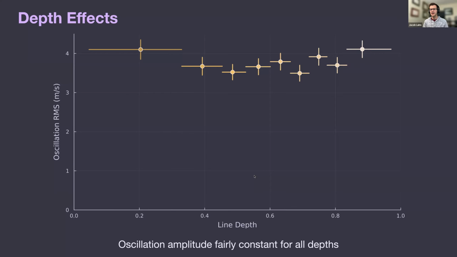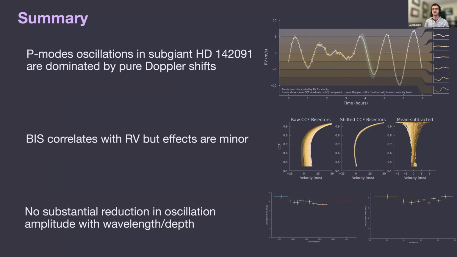And so all of this points to some interesting challenges if we're hoping to find diagnostics or mitigation techniques that could improve beyond our current observational strategies. And to summarize these p-mode diagnostics that we're seeing, again, dominated by pure Doppler shifts.